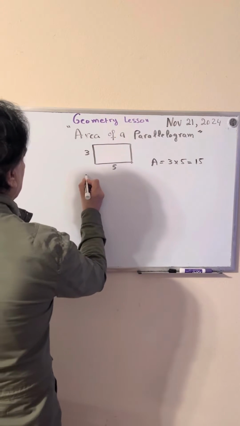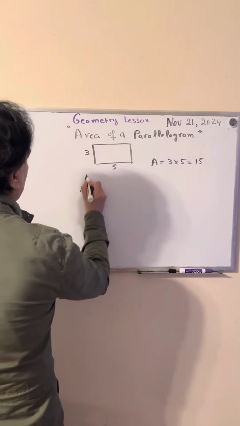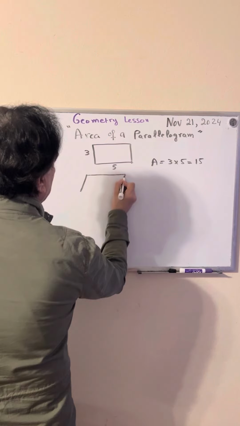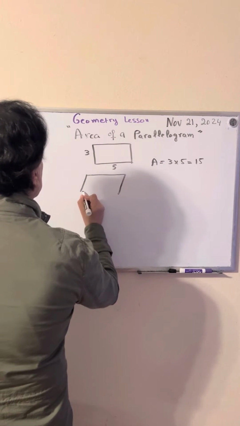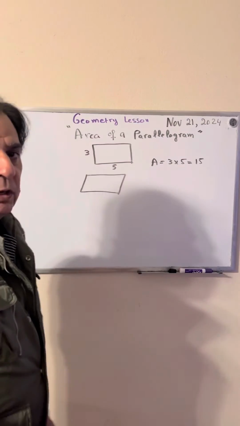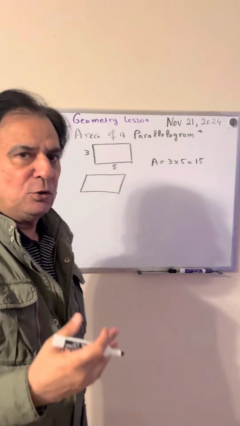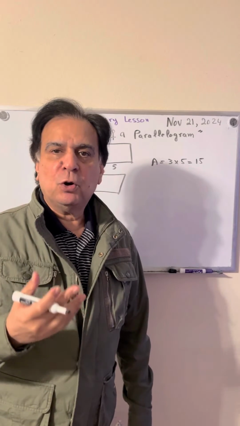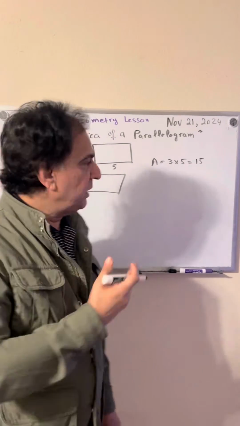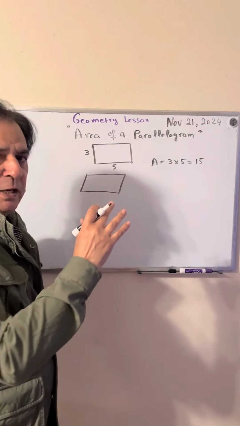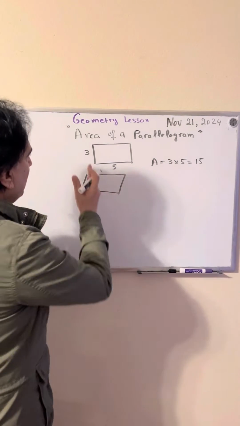If this is a parallelogram like this, this is the shape of a parallelogram. Now a lot of people ask me, is a parallelogram also a rectangle? Yes, it is, because it qualifies for the definition of a rectangle, which says that the opposite sides should be equal and parallel.